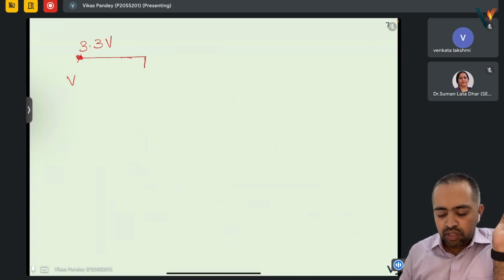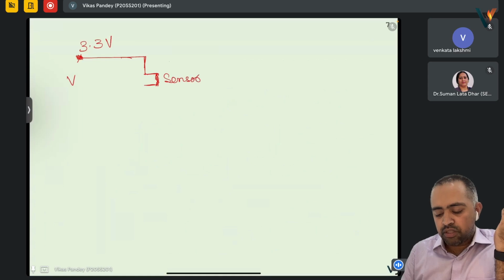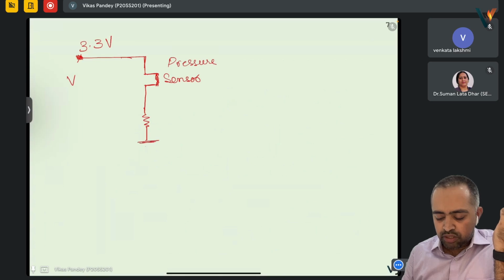And if we just put our sensor here, let's represent it with such a structure. We have our pressure sensor, and we put a load resistance here and connect it to the ground of the board again.